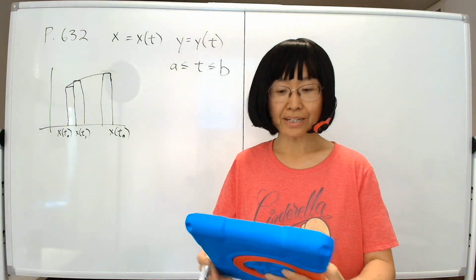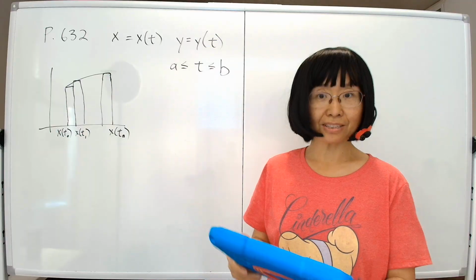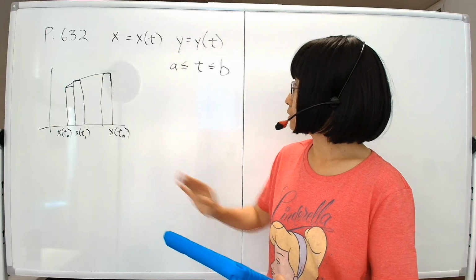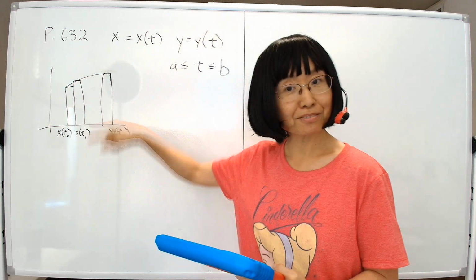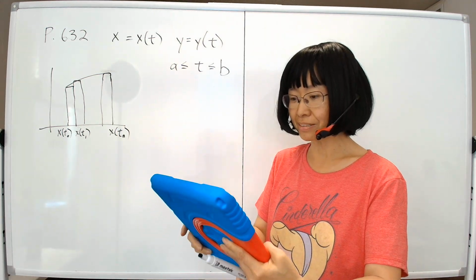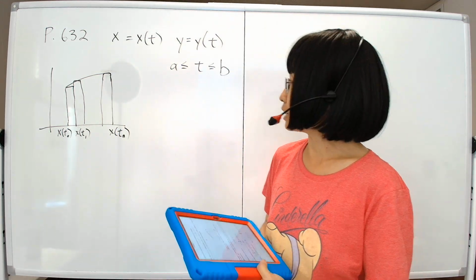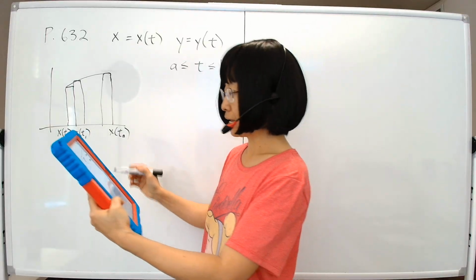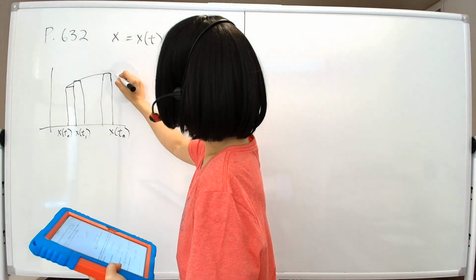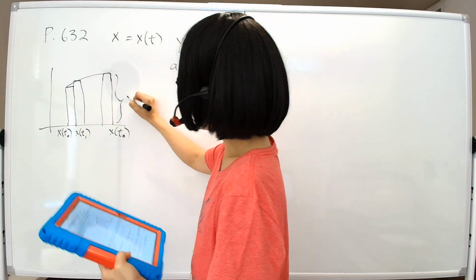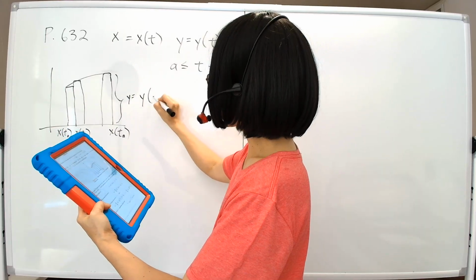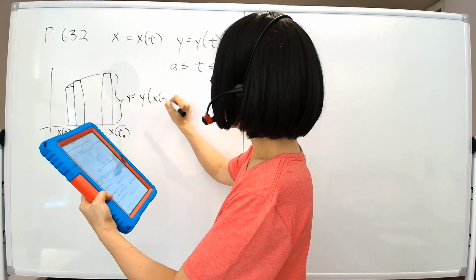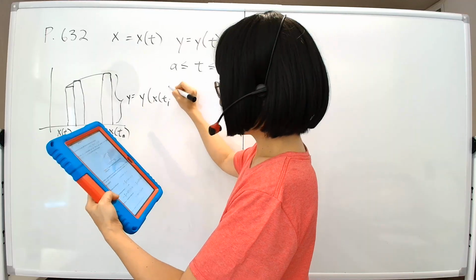So to do integration, let's look at page 632, where we're going to draw the exact same thing we did in Calculus 1. We're going to draw a bunch of rectangles and calculate the Riemann sum. The height of this thing is y. The y value will be equal to y of x of t_i with a bar on top.